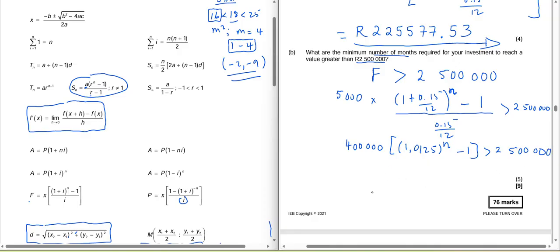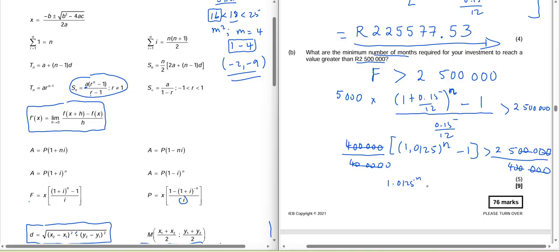And then we are going to divide both sides by 400,000, meaning on the right hand side you'll be left with 25 over 4.